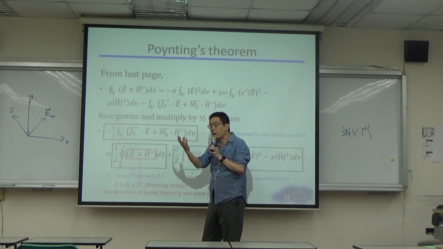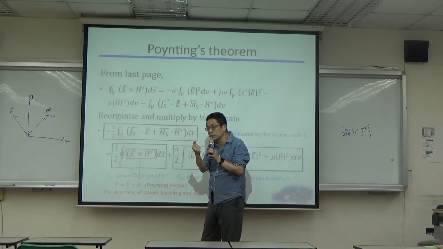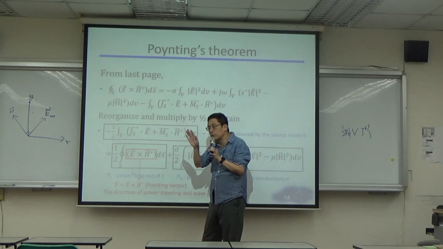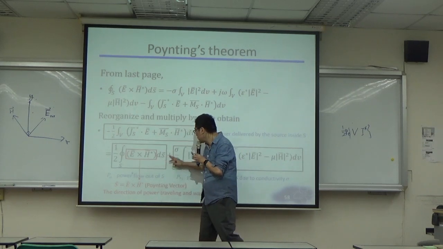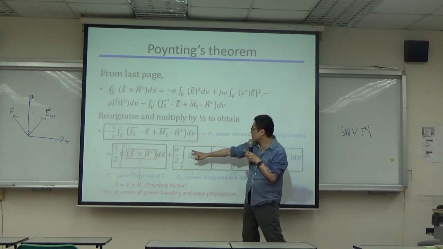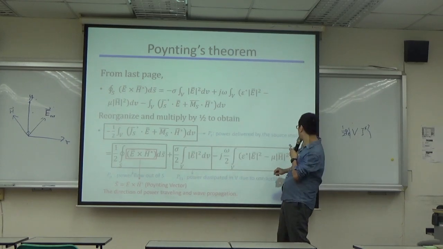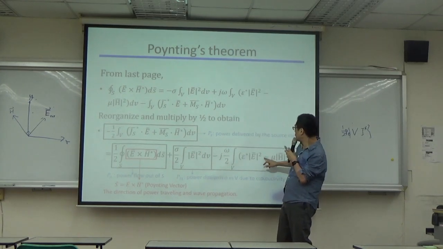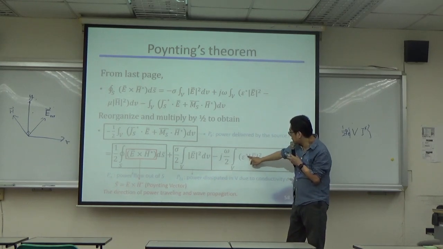Your power from the source equals your power transferred through the surface plus this term. You have the sigma, mu, and epsilon conjugate.